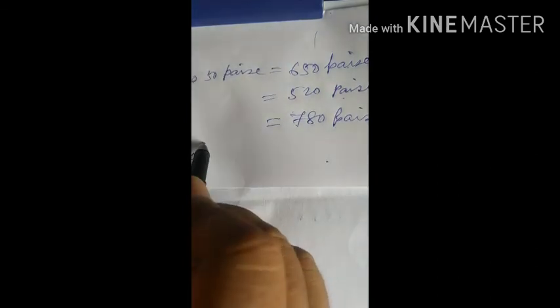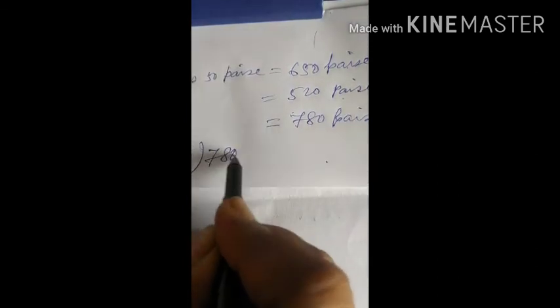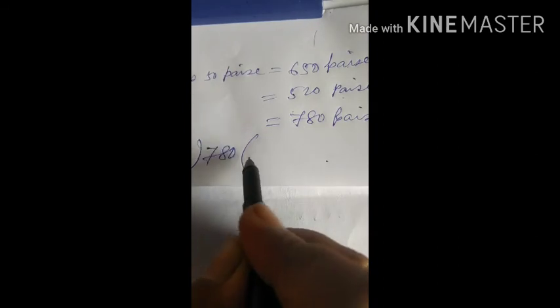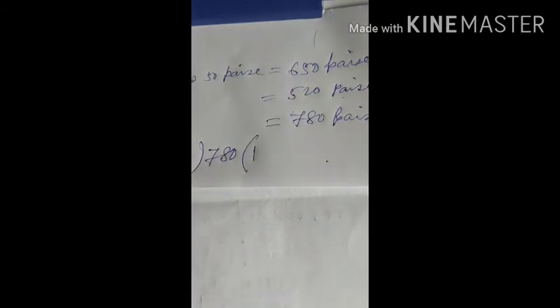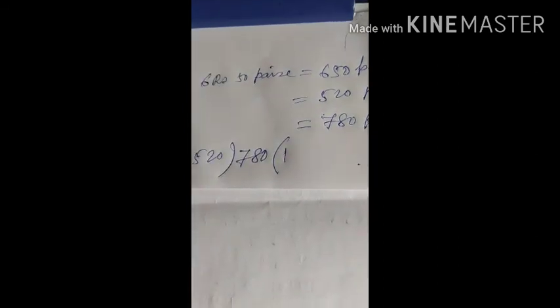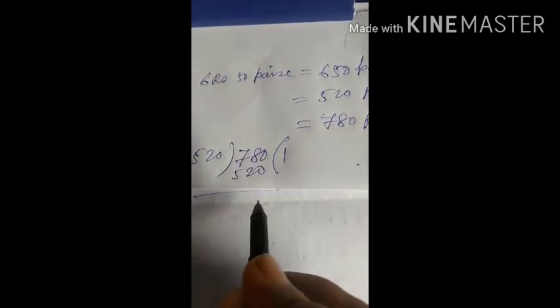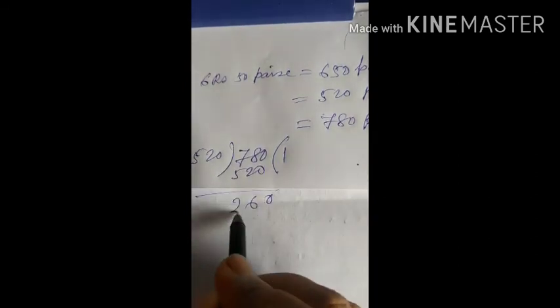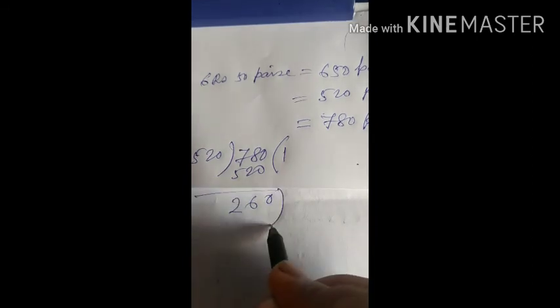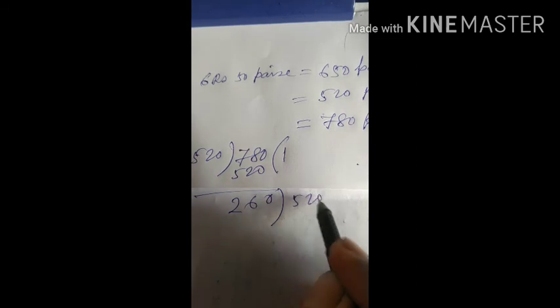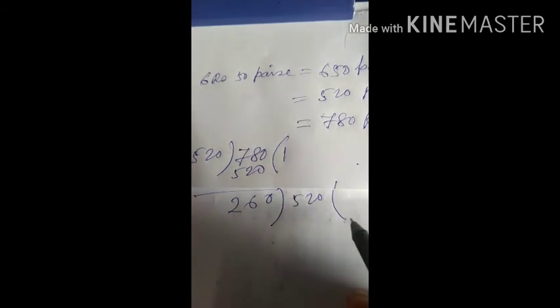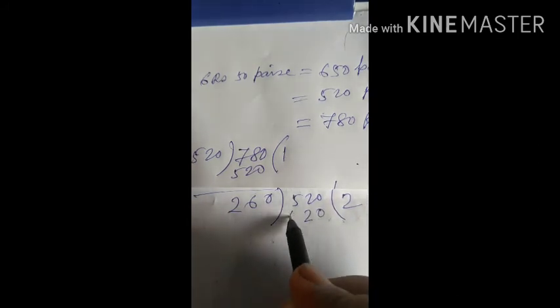So 520 divided into 780, 5 1s are 520, that is 260.